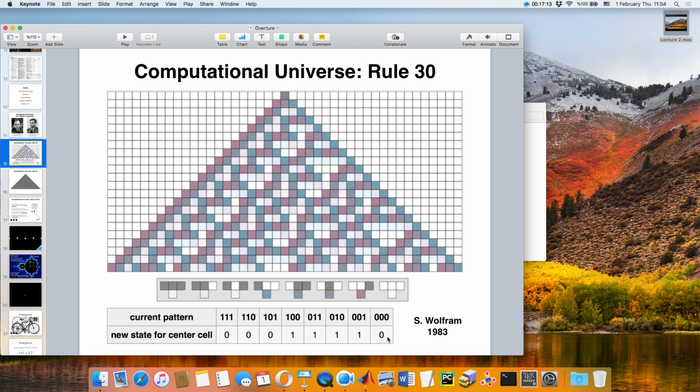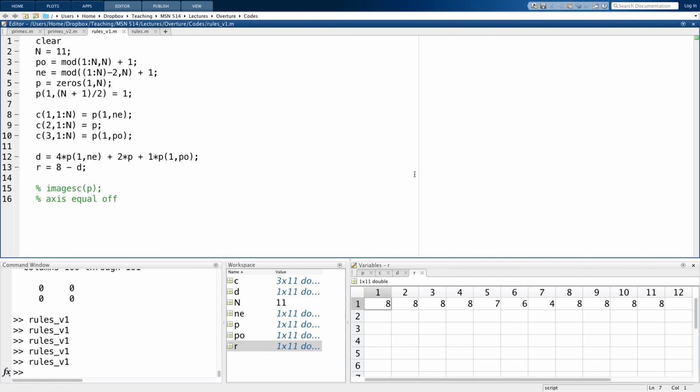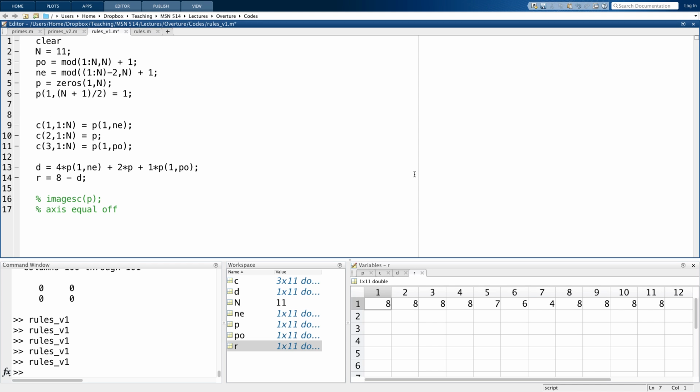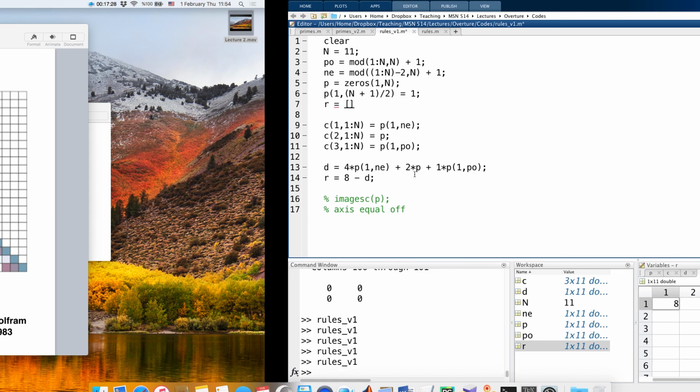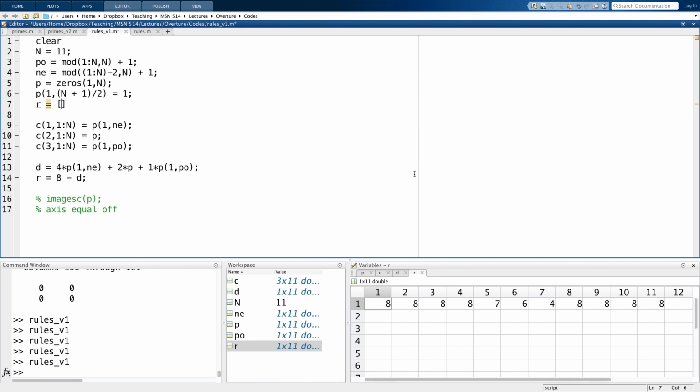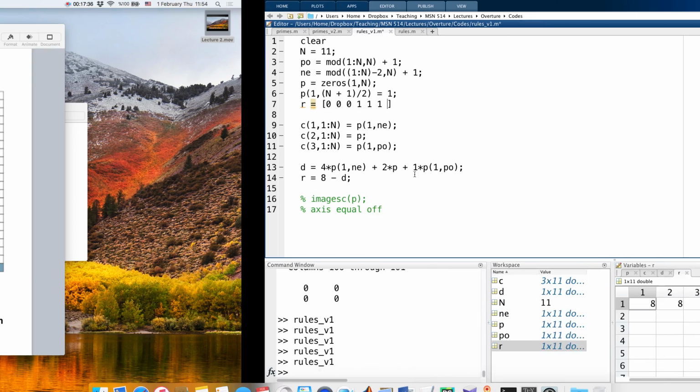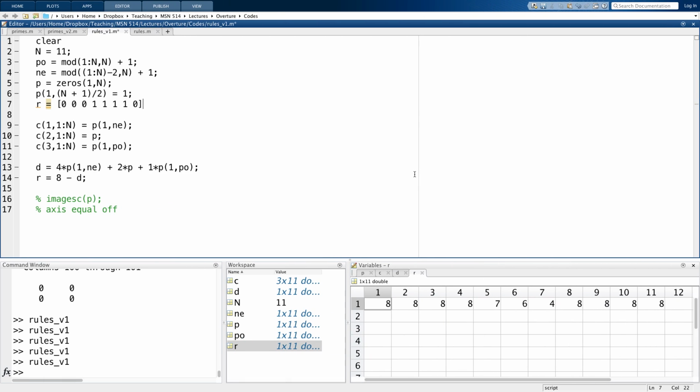Do you see it? So let's write it down over here. R equals to, how many zeros? 1, 0, 0, 1, 1, 1, 1, 0. Okay.